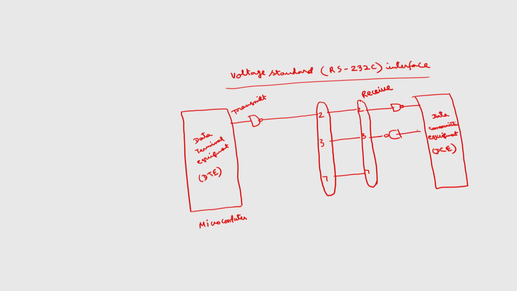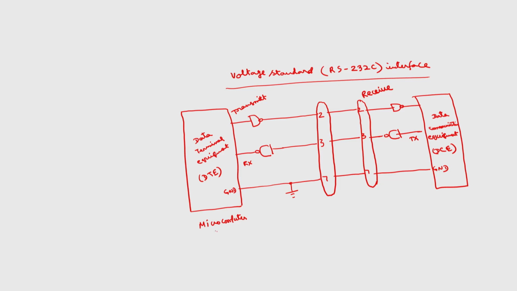This is the transmit portion, I will call transmit TX, and this can receive. This is full duplex. This is receive, and this is the ground signal. This will normally be connected to the ground.